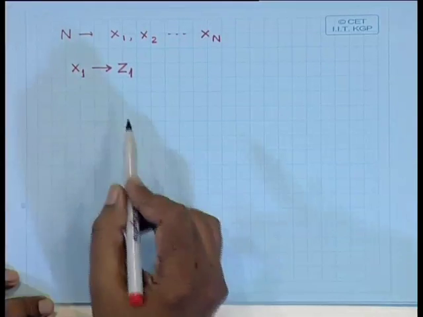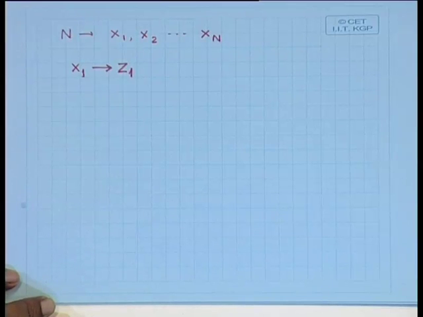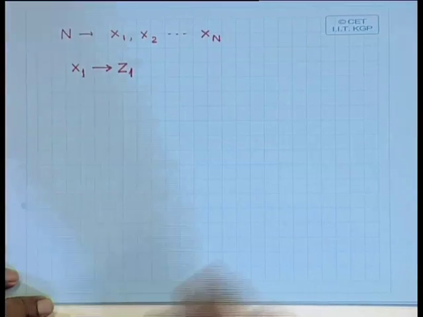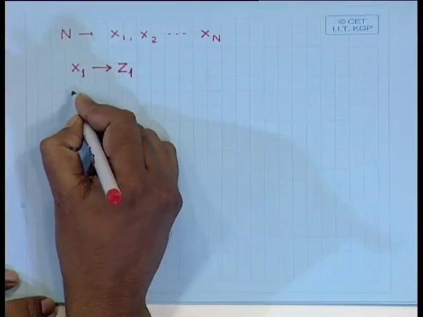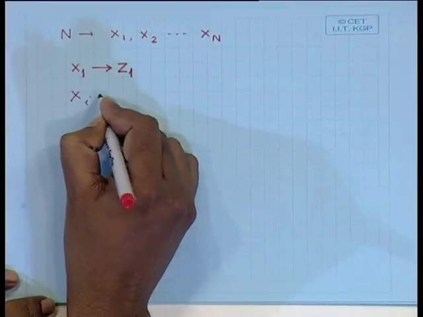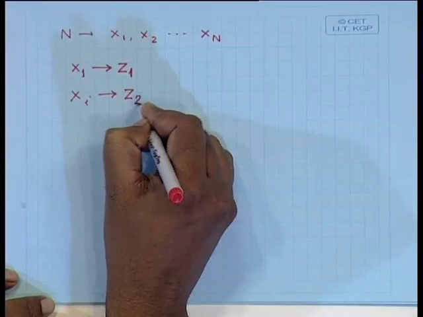Then find the distance of all other feature vectors from this z 1. Take the furthest feature vector, whose distance from z 1 is maximum, and assume that to be the second cluster center. That can be any of the other feature vectors from this set. Suppose that is x i, and that is my second cluster center, z 2.